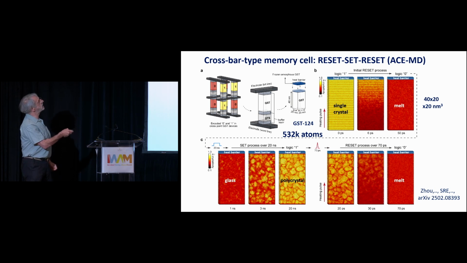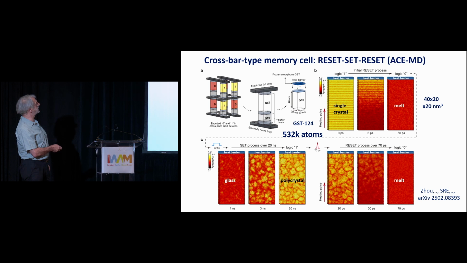And this is what we start with. Single crystal in here, logic state 1, and we apply heat to it, and we can just melt it. And depending on how fast we do it, this melts in about 50 picoseconds. So this is the initial reset process, going from crystal to melt, and then if you quench that down equally in a sort of similar time, it'll go to the glass.